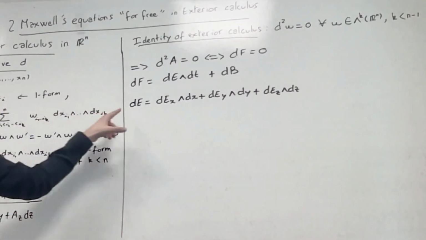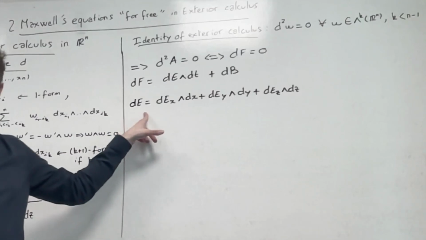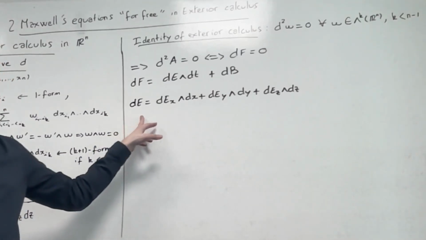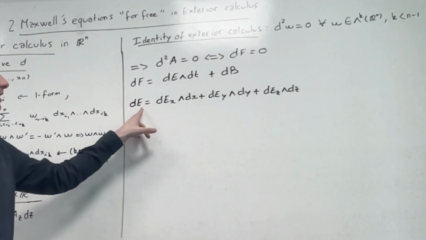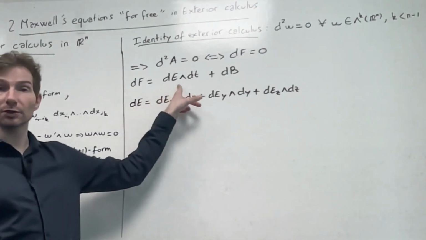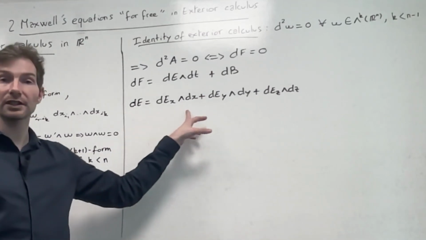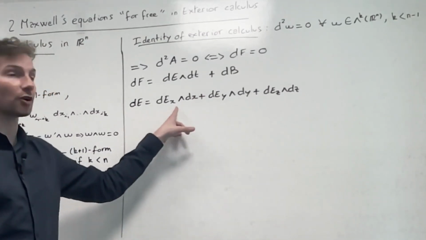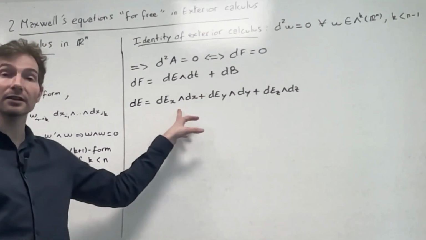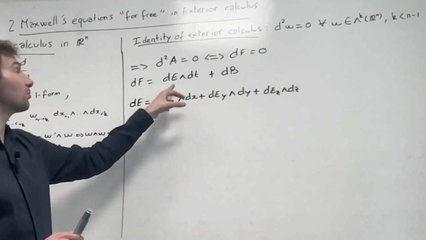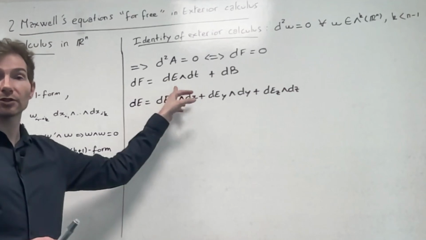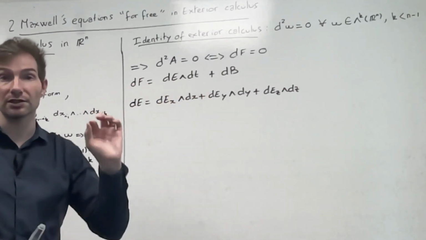In this particular context, when I calculate dE, I need to be aware that it is going to be wedged with dt. So if I calculate just dE, I need in principle a component that has some dt there, but when I plug it back there, I'm going to get a dt wedge dt, which is 0.